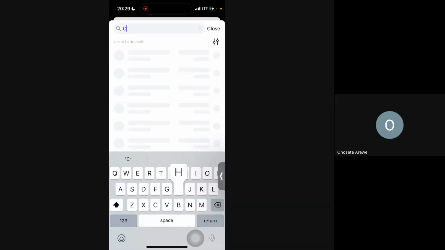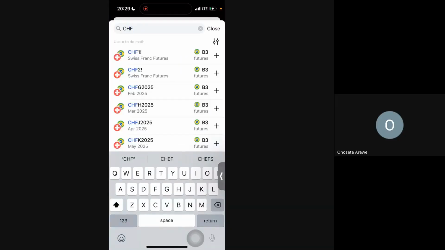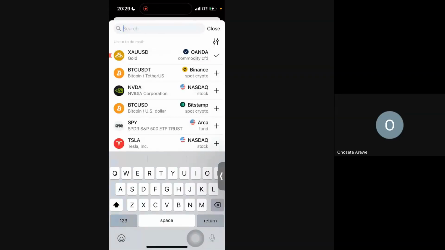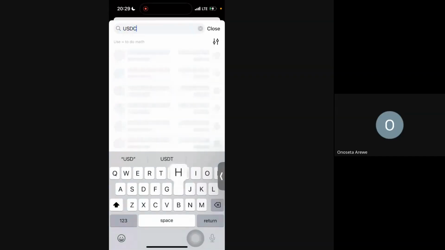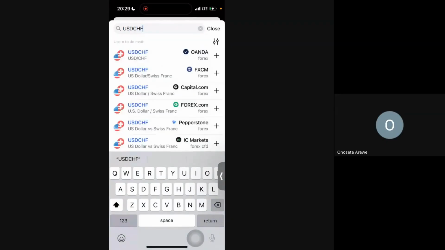Okay, let me show you guys in case some people will still ask me. Let me just tap on this and type CHF, Swiss franc. Okay, so let's say USD CHF, that's trading against CHF.